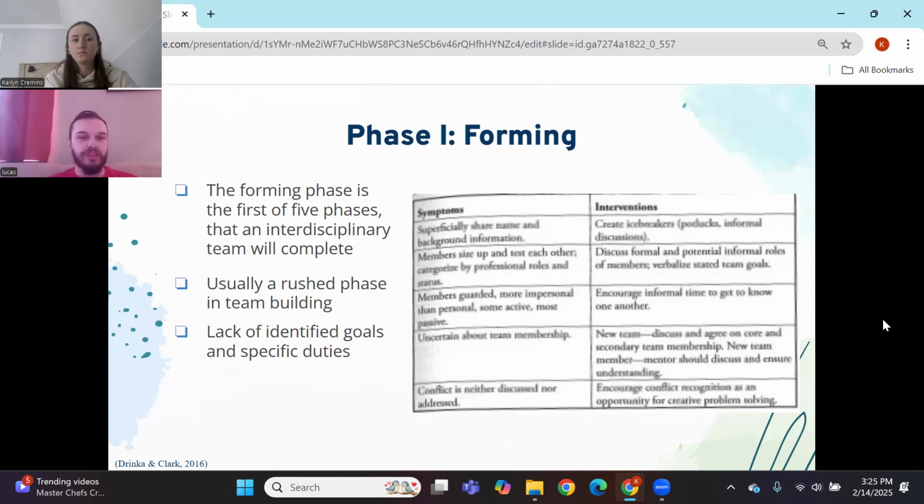And that makes sense because it is just the forming, when team members are coming together with a team. On the right side of this slide, you'll see a table. We have one for each of the phases. These came straight from the textbook, and it has symptoms that the team might be in that phase and interventions for them.